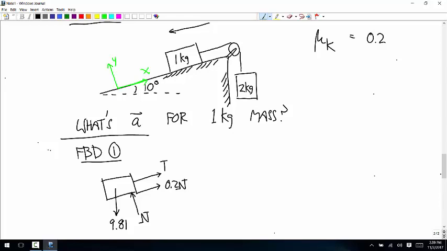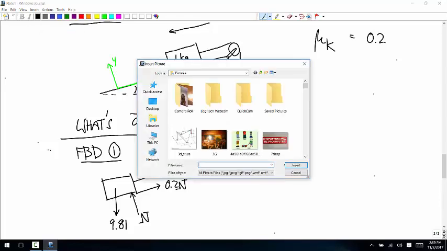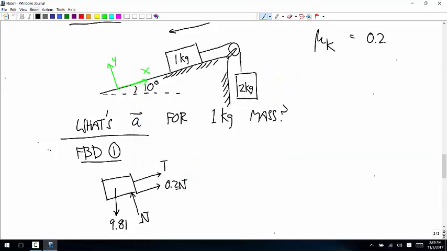So I'm going to do that the way I always do. I think, let me see. I don't know. Okay, I'll just draw it.